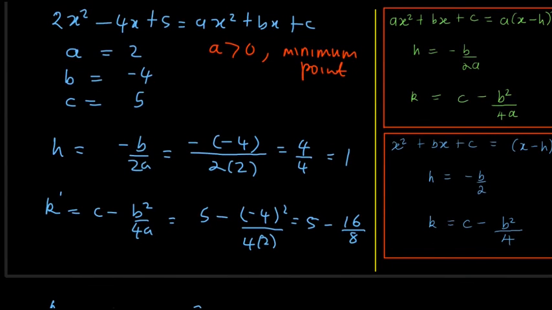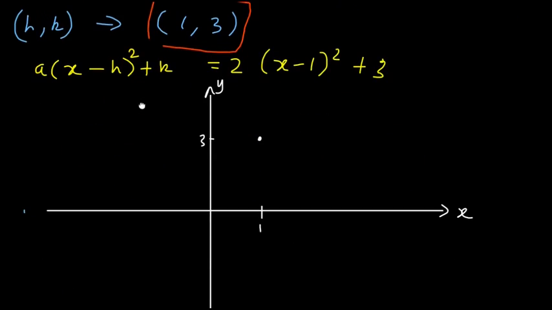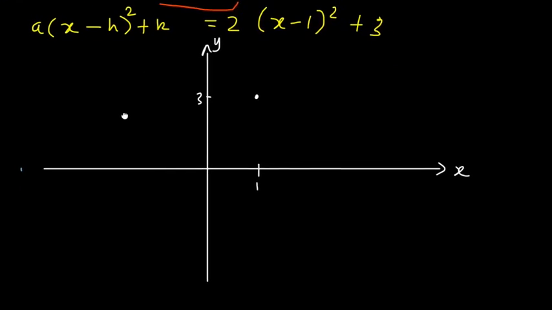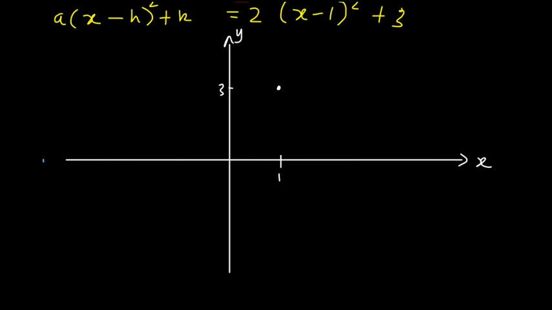We also need to find the intercept of the graph where x is 0. So when x is 0, that's where we get it. Since the standard form and the vertex form are just the same equation, f of 0 is 2 times minus 1 squared plus 3.